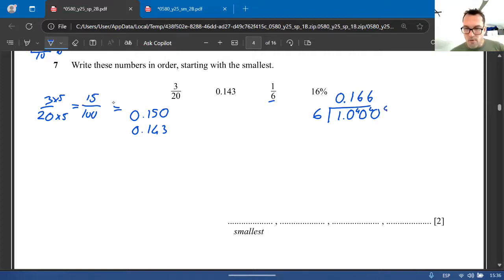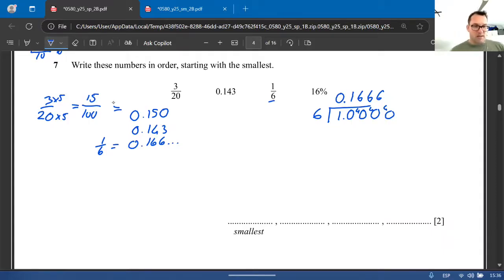Remainder 4. Can you see I'm going to be doing this forever? It's never going to stop. So what does that mean? The number we're looking at here is 0.166 recurring, because those 6's carry on.